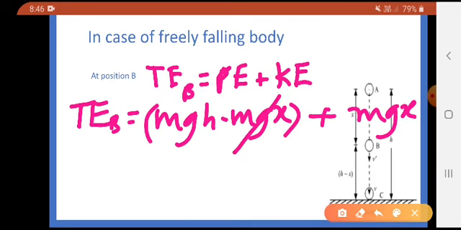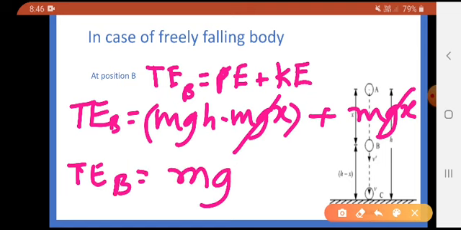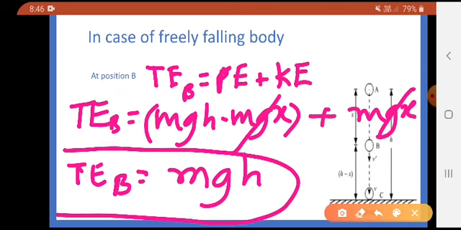So mgx cancels, and total energy at B equals mgh. This is the total energy at B. So total energy at point B is also mgh.